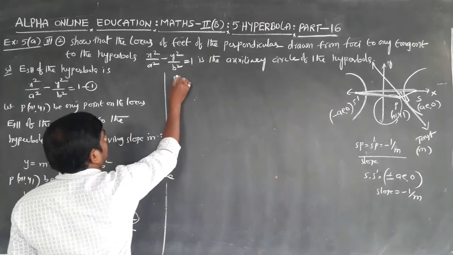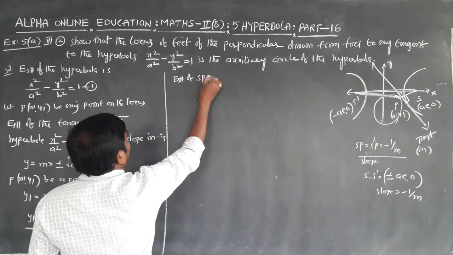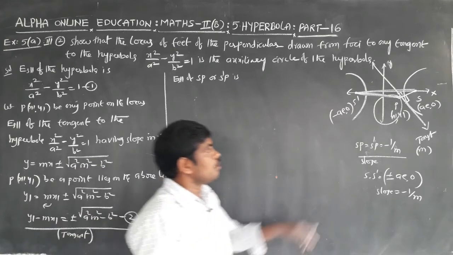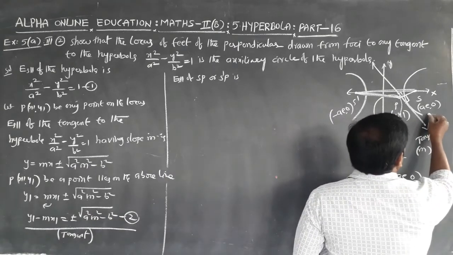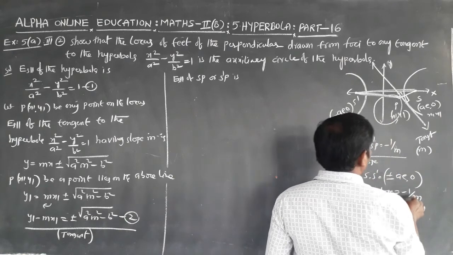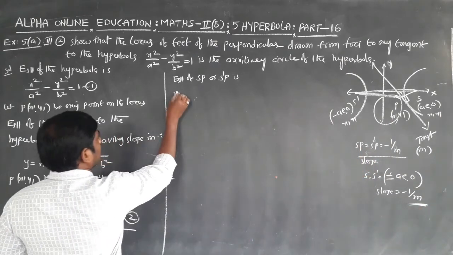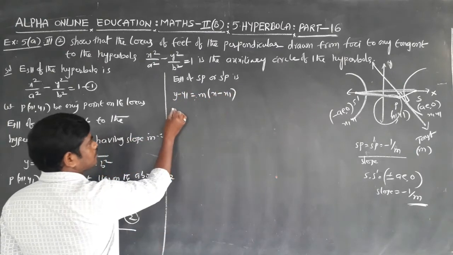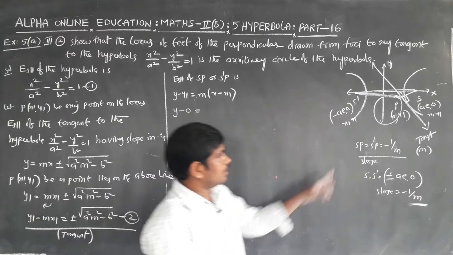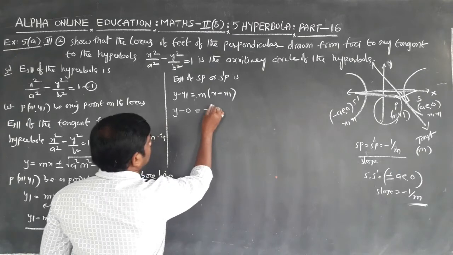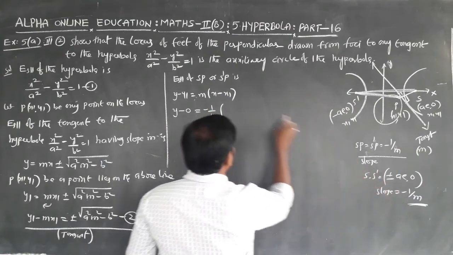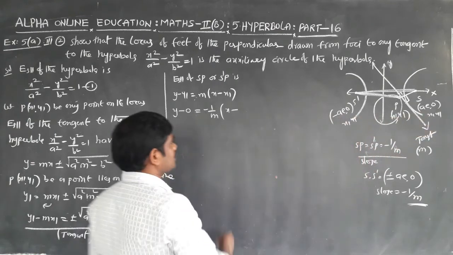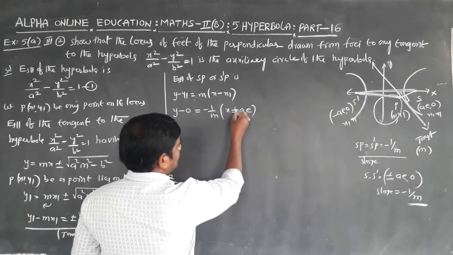Here the equation of SP or S dash P: the two lines pass through the point (plus or minus ae, 0) and have slope minus 1 by m. Point slope form: y minus 0 is equal to minus 1 by m into x minus (plus or minus ae).